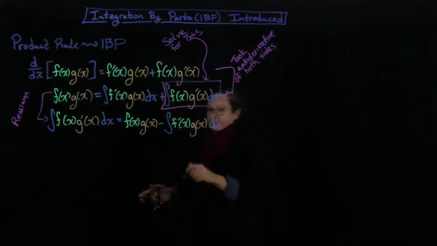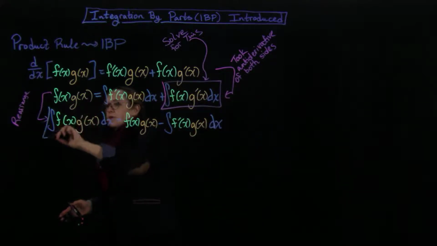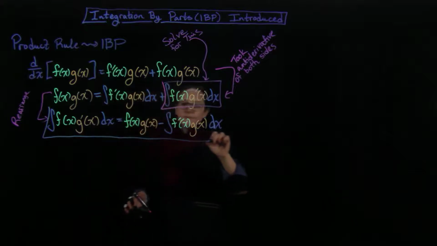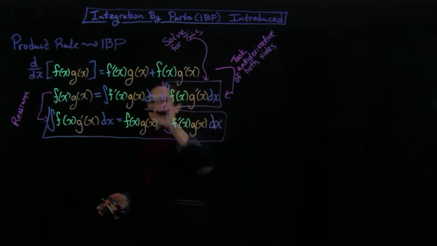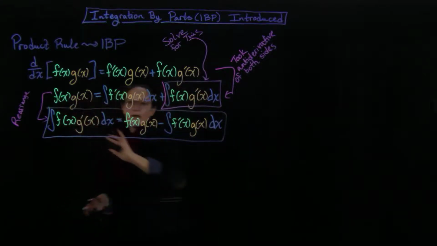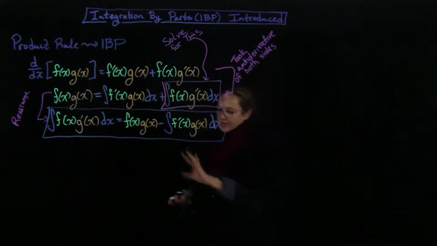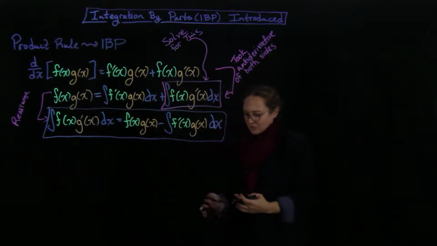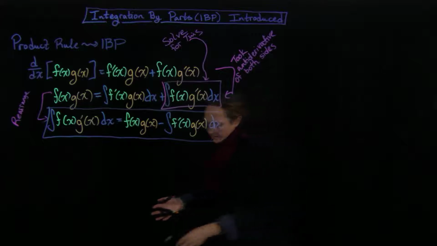So let's put a box around this. This is a new formula that's very useful, because how else are you going to integrate a product? You hope that you have something like this you can do. So let me show you an example.